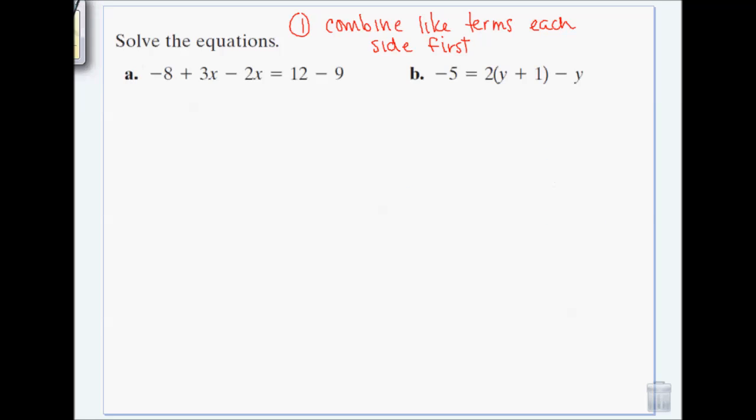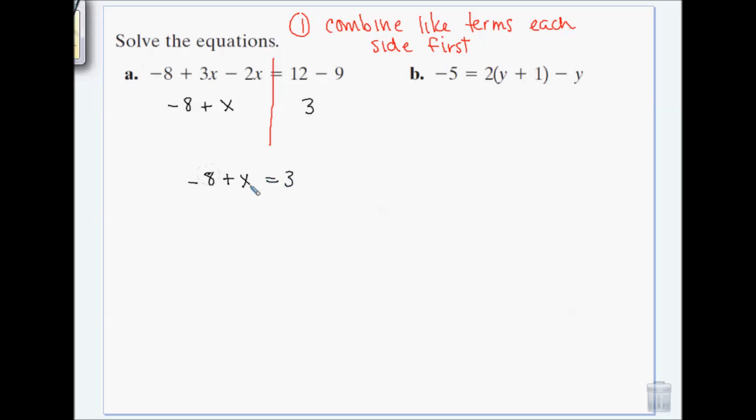So I pretend there's a wall right here, and I can't cross the wall till it's simplified. I have negative 8 plus 3x minus 2x, so that's negative 8 plus x on this side. Then I have 12 minus 9, that's 3. Now I'm simplified.